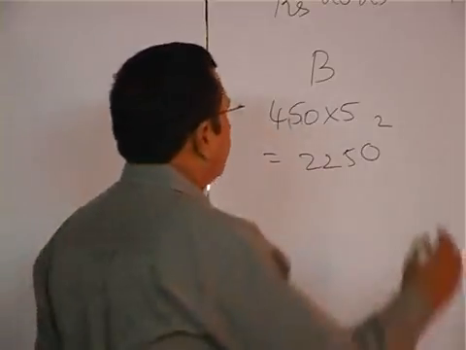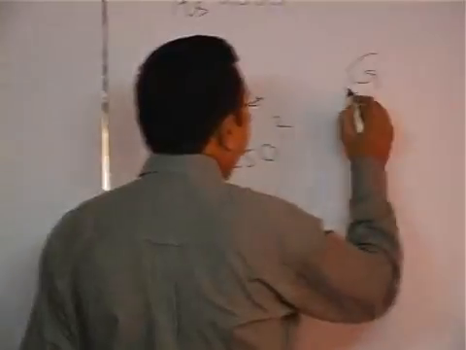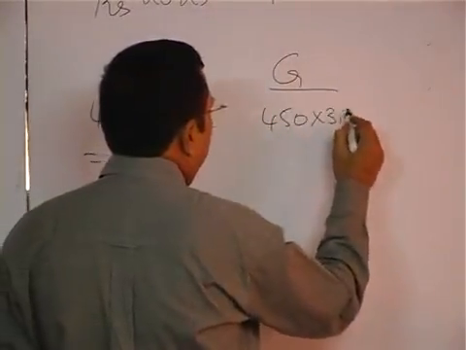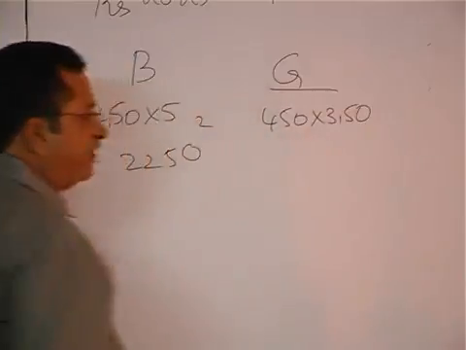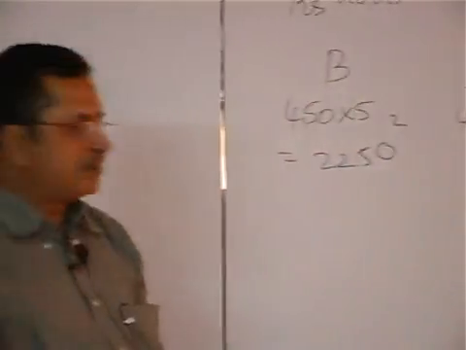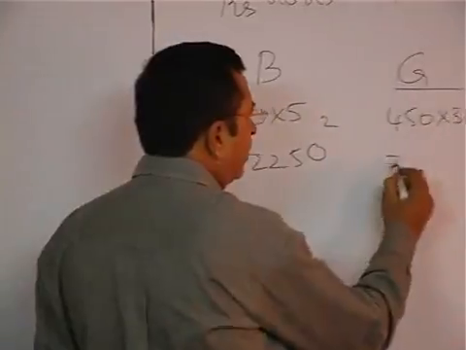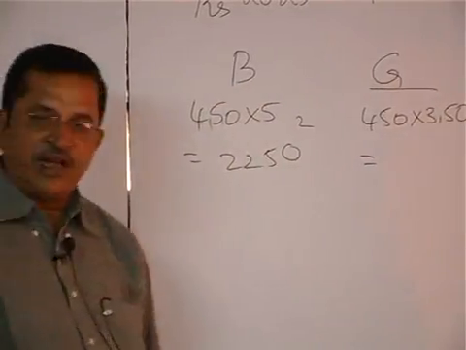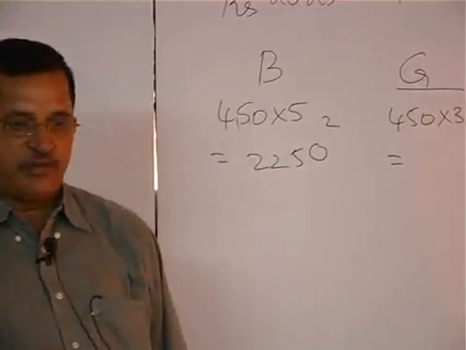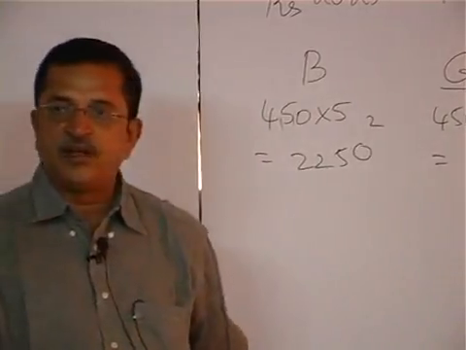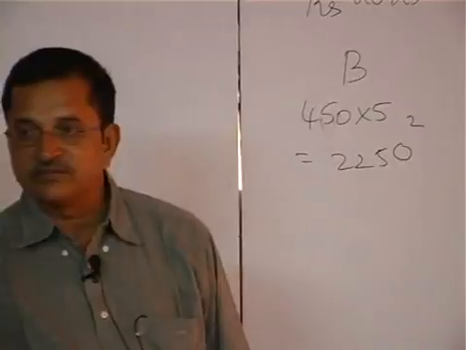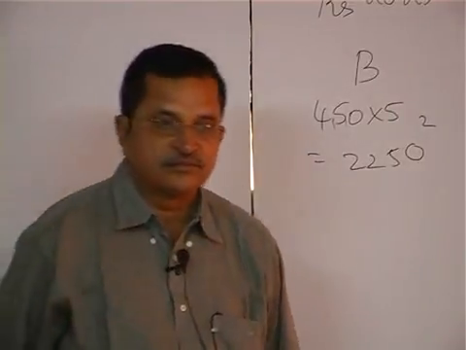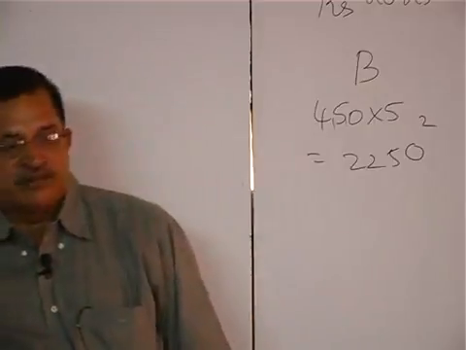Suppose all the 450 are girls, and each girl is given 3 rupees 50 paise. What is the total money that is to be distributed at 3.50 per head? How much? Tell me what is the value?